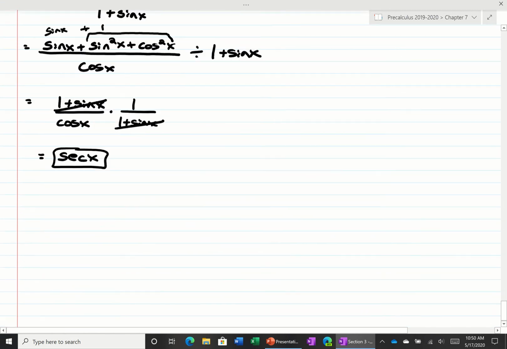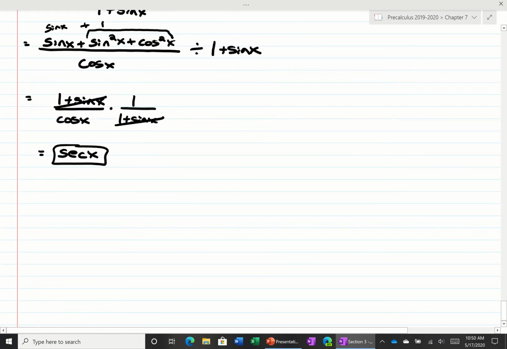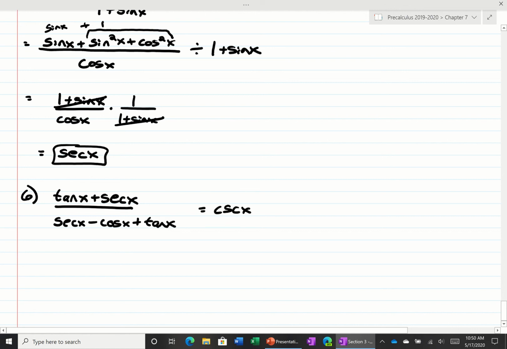We'll go to number 6. Number 6 says we have the tangent of x plus secant of x over secant of x minus cosine of x plus the tangent of x. And that whole thing is equal to the cosecant of x. I look at this whole thing as just like a necklace.